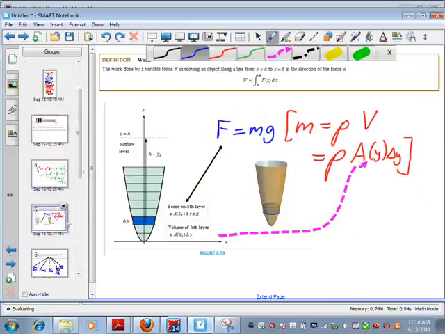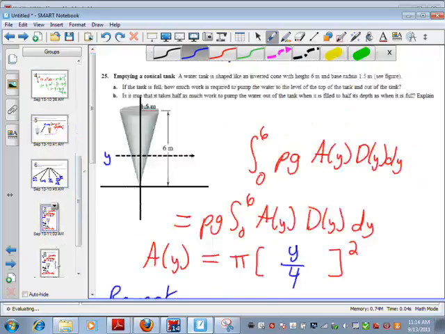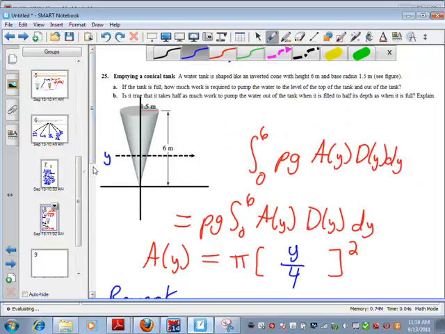So let's see what part B says. Is it true that it takes half as much work to pump the water out of the tank when it is filled to half its depth as when it is full? That means if it was only filled up to 3 meters, and you look at the work to pull out all 3 of those meters, is that half?